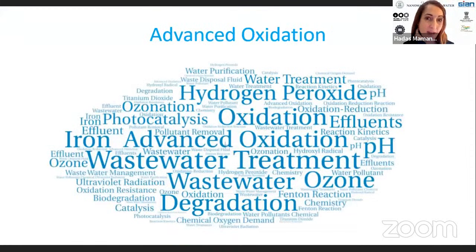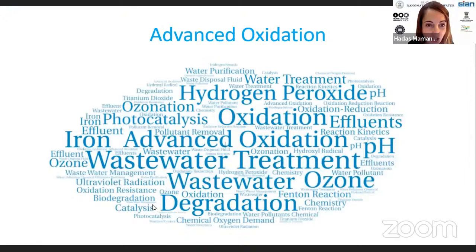Now, I read a study that tried to find the most prevalent keywords in publications related to advanced oxidation and water and wastewater treatment. So the most prevalent keywords, of course, are advanced oxidation, wastewater treatment, oxidation, hydrogen peroxide, wastewater degradation, ozone.